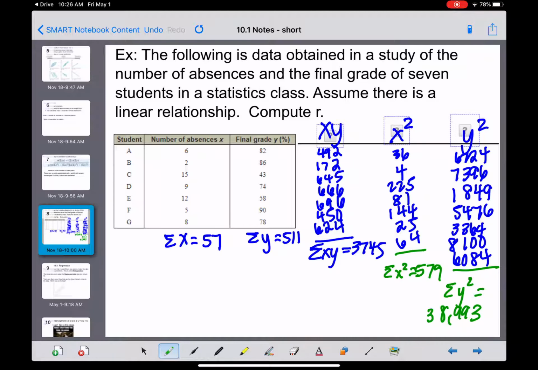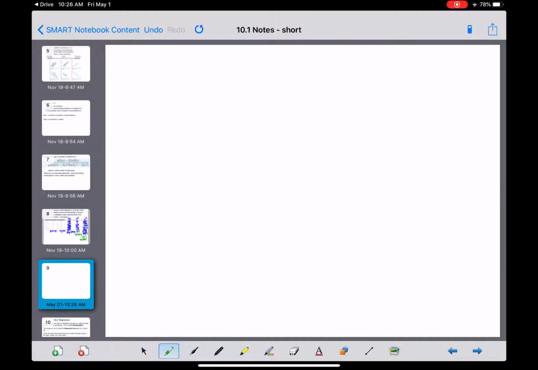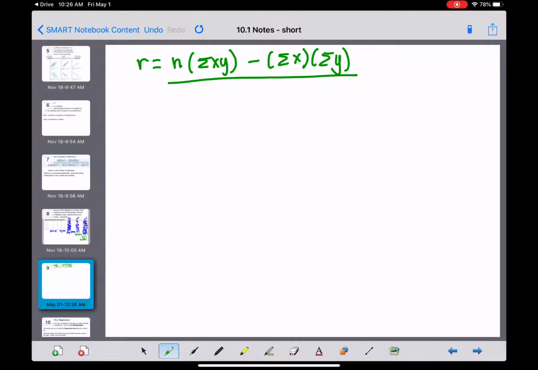Okay, so now we're going to use those values. I'm going to add another page in here. My r is n times the sum of xy minus the sum of the x's times the sum of the y's, all over the square root of n times the sum of the x squareds minus the sum of the x's squared.